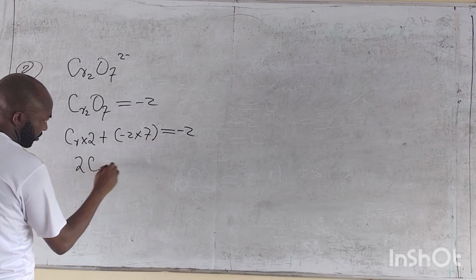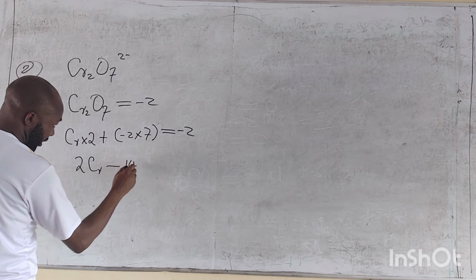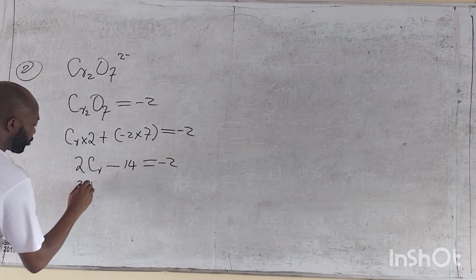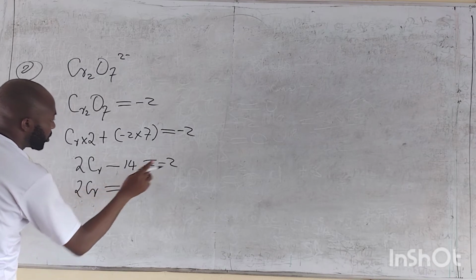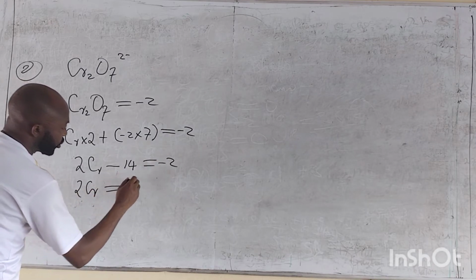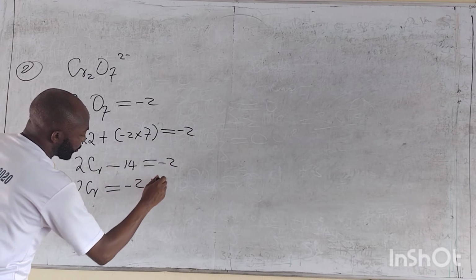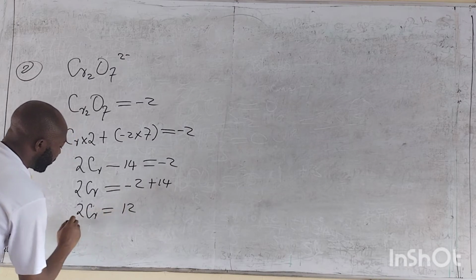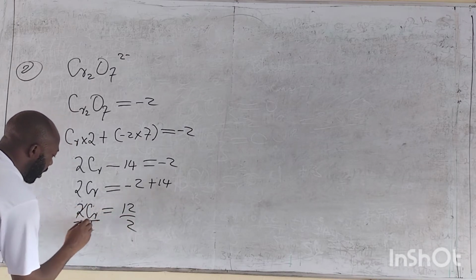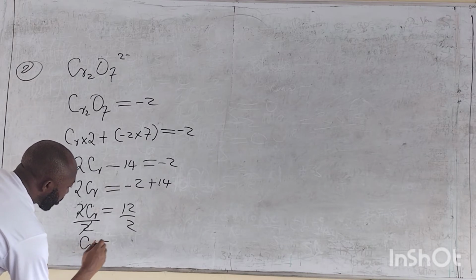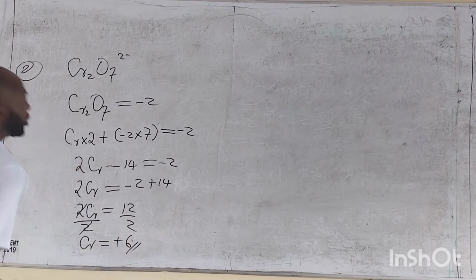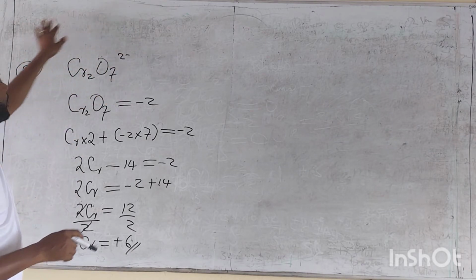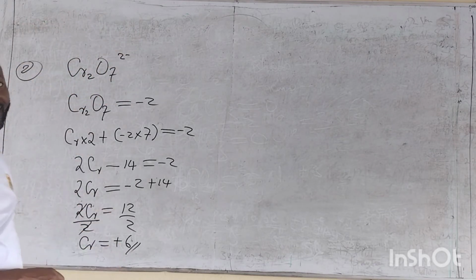Plus times minus is minus. 2 times 7 is 14. Minus 2. I want to make this a subject. So I have 2 chromium is equal to minus 2, this crossover becomes plus 14. 2 chromium is equal to 12. Divide both sides by 2. I'll have chromium is equal to plus 6. So the oxidation number of chromium in this compound is plus 6.